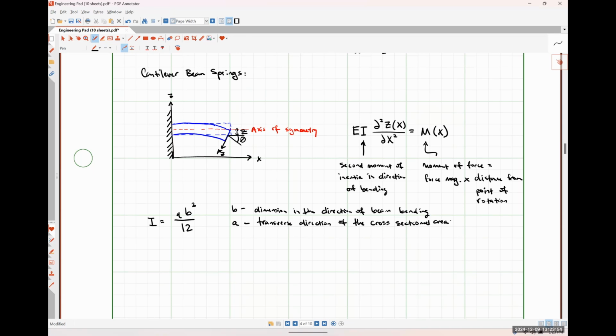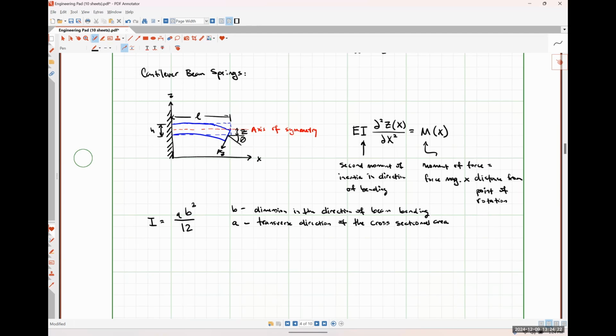For what it's worth, if we defined this dimension as our height, that would be B. And then the thickness of the beam extending into or out of the board would be A. And then the length of the beam would be L. Let me just make a note here.